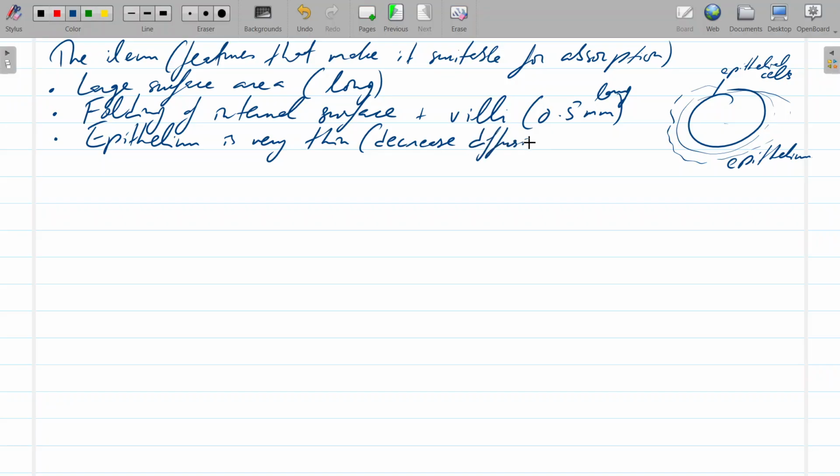We know that to have maximum diffusion, you need maximum surface area, you need minimum distance, and you need a concentration gradient. So having very thin epithelium decreases the diffusion distance, and that helps in absorption.